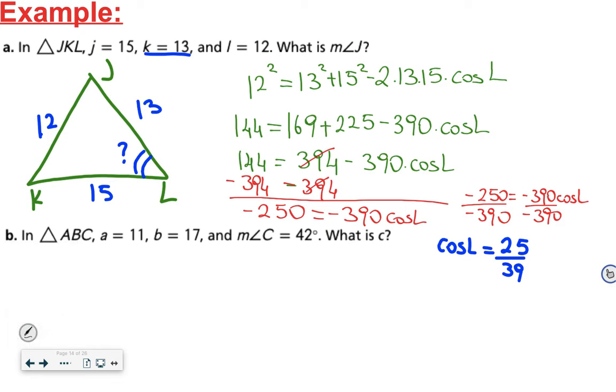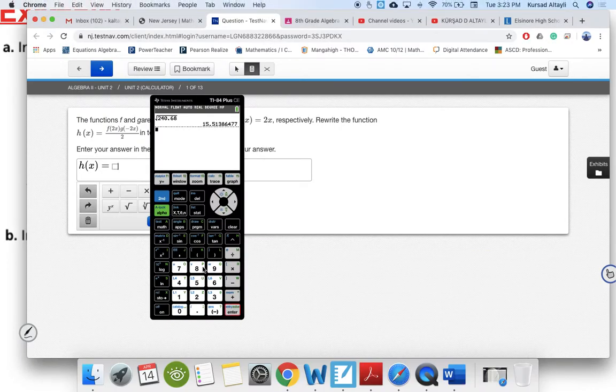Remember in the previous topics, to be able to find the measure of an angle, you need to use the inverse of the trigonometric function, which means that the measure of angle L is equal to the inverse cosine of 25/39. Now we are going to use the graphing calculator. To get the inverse cosine, you need to press second cosine of 25/39.